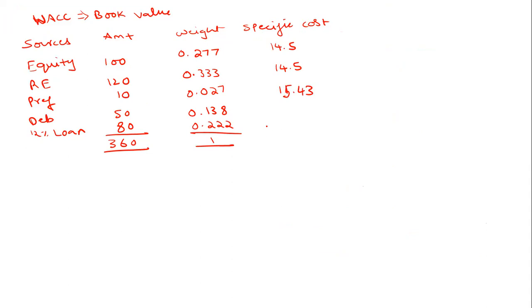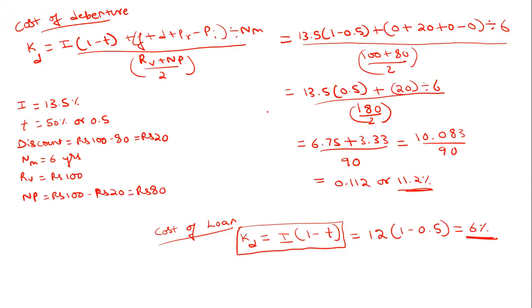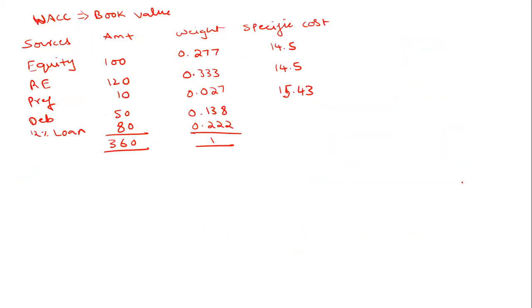Debentures 7.2, we did debentures here, 11.2. Loan 6. Okay, now tell me what you are getting for the cost, or WACC.